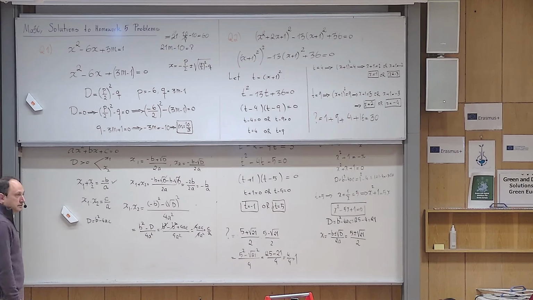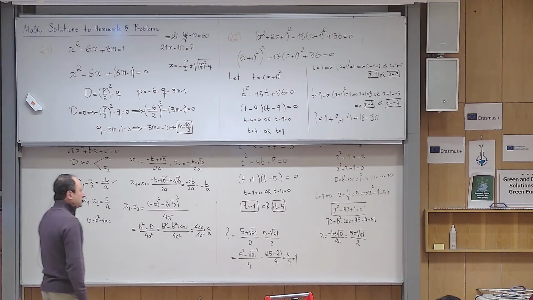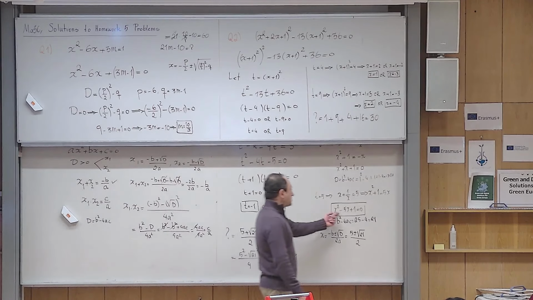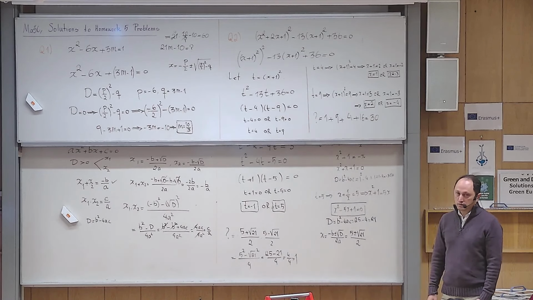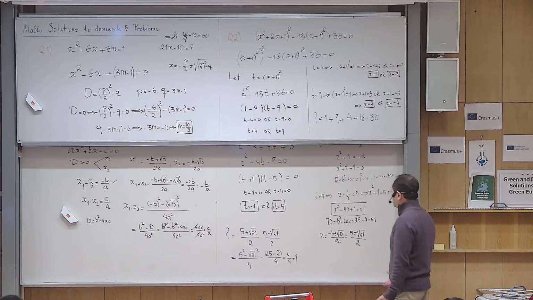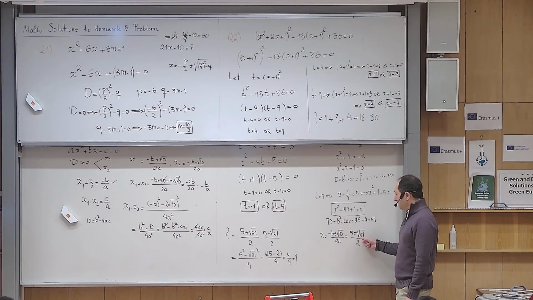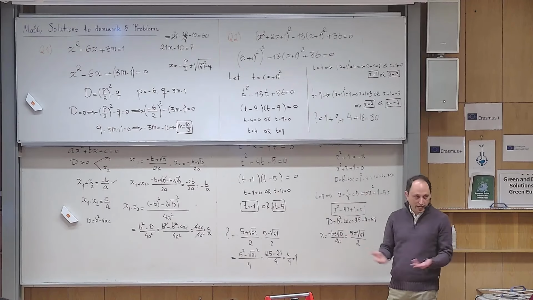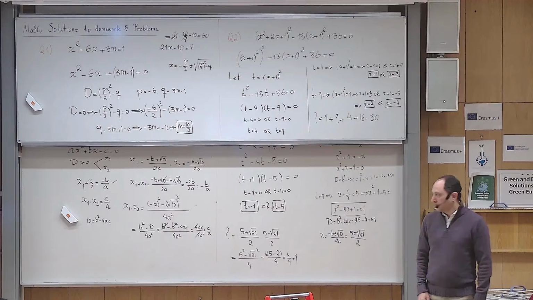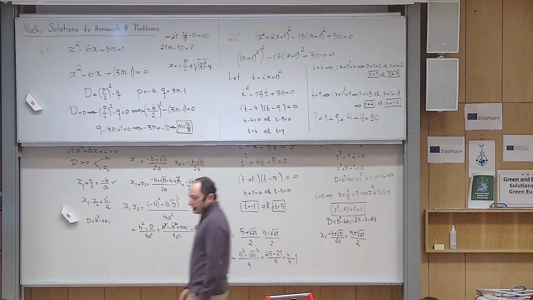Is that clear? For example, let me say that in this exercise, I have asked you to find the sum of the squares. Okay? What does it mean? Of course, still you don't need this. You can find the answers as we did here. Take the first one, square it, take the second one, square it, and add them up and simplify them. But can you do it more efficiently here?